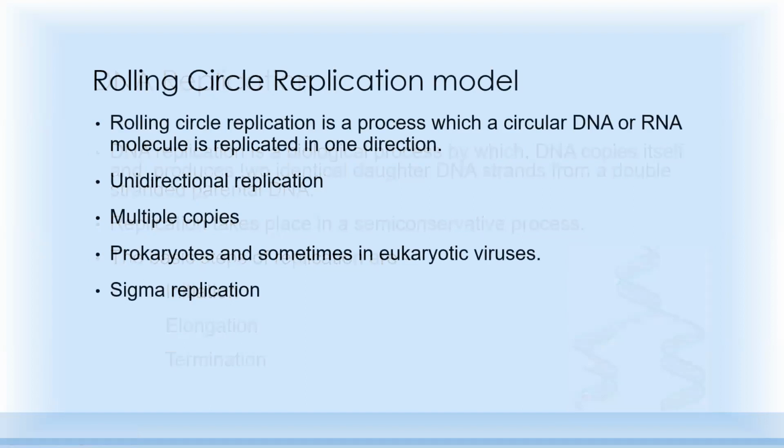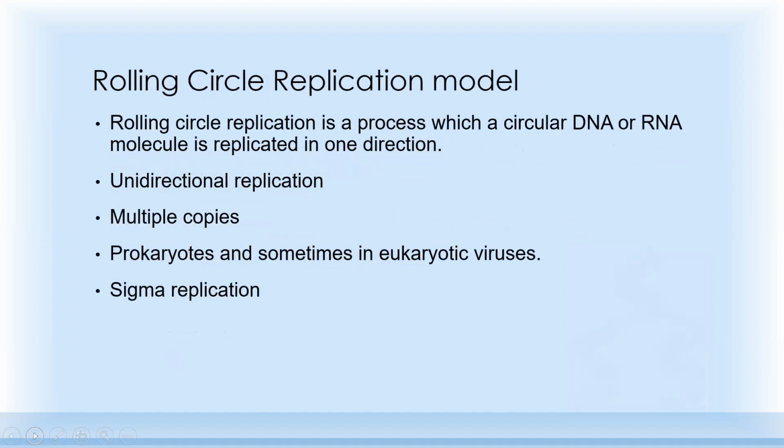Next, we'll talk about our topic, that is rolling circle replication. It is a type of DNA replication model. It is mainly found in circular DNA or RNA molecules.